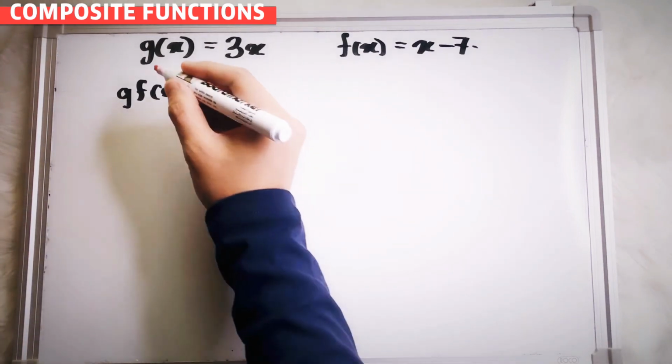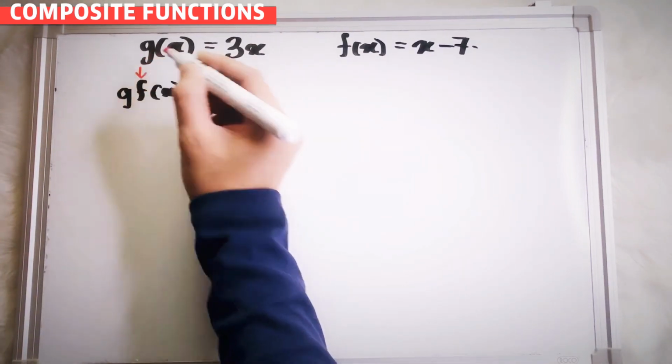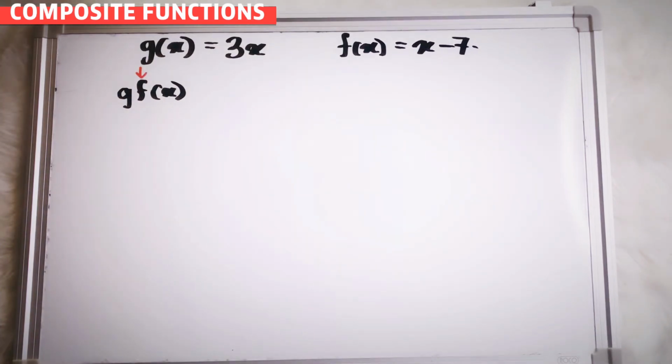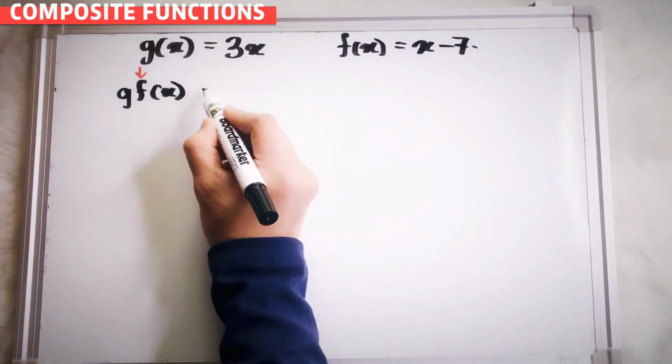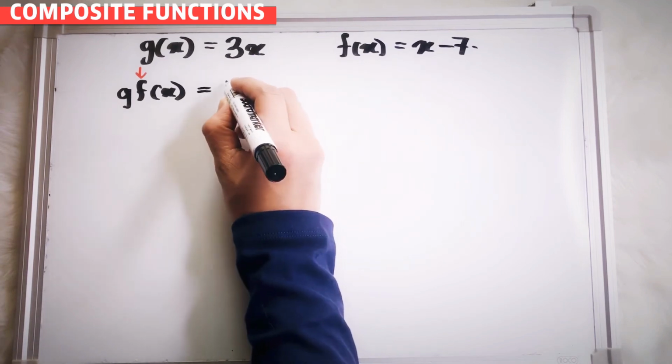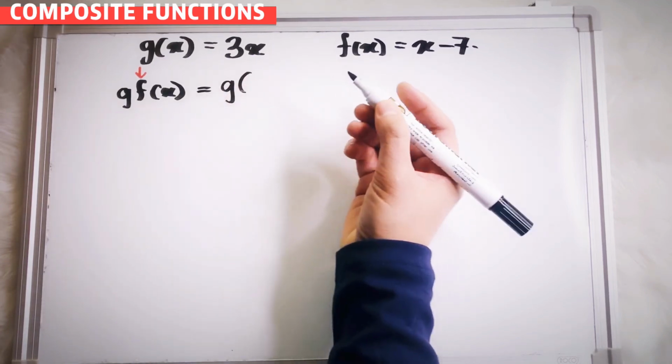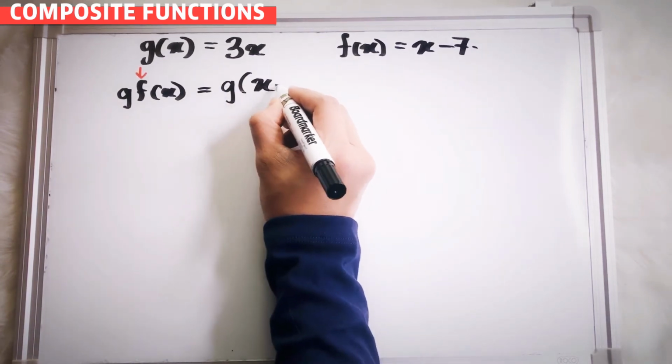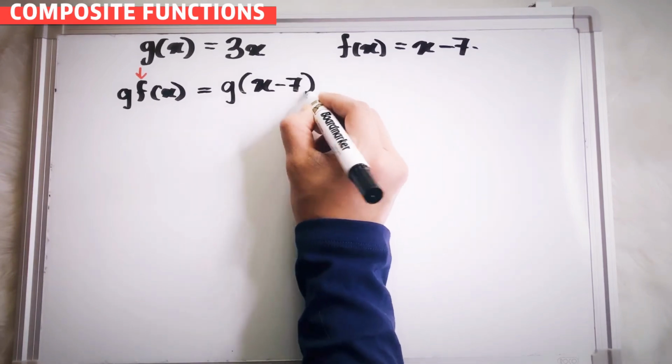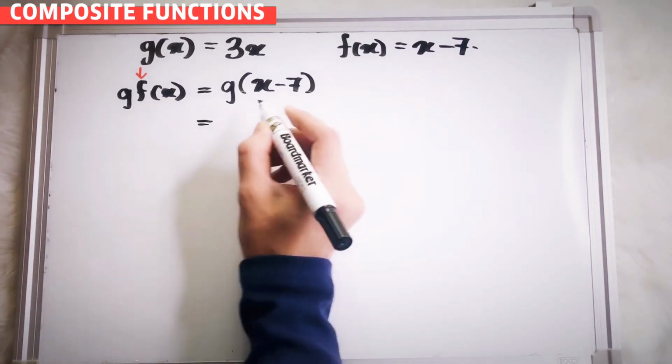Start from the back, take the f function, x plus 7. This is our new x.